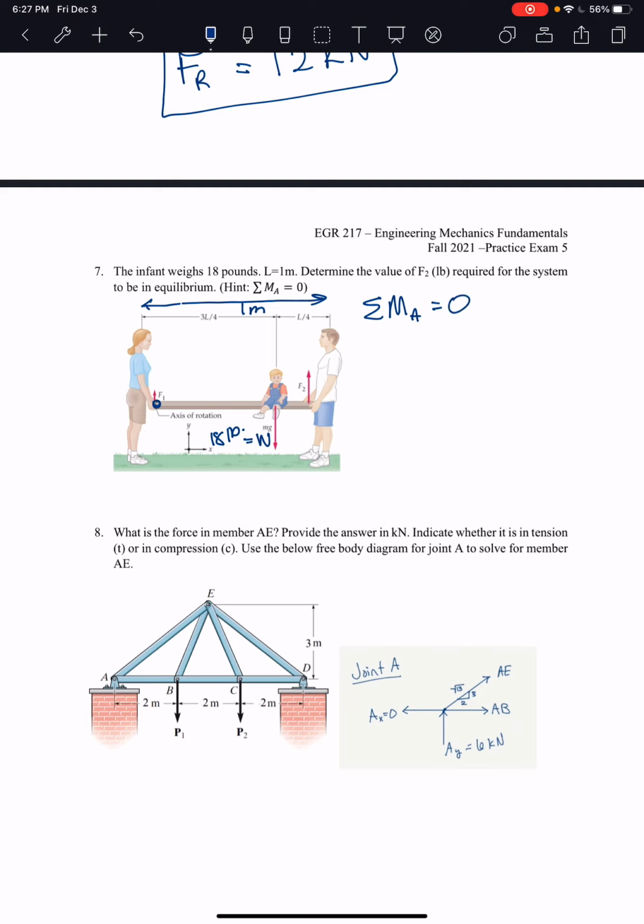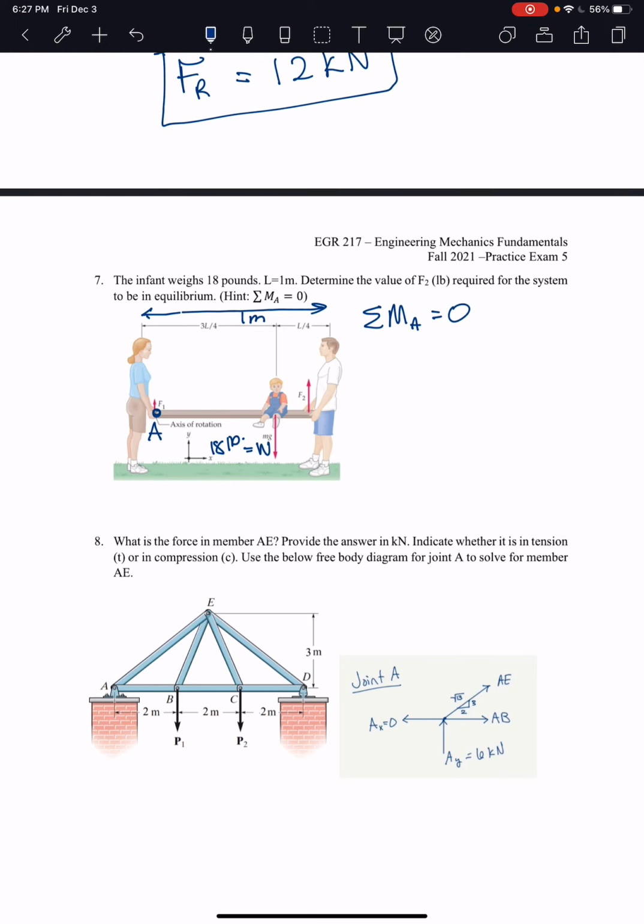So this is, oh, I guess I didn't have that labeled. This should have been A. And we could have done it from B. It doesn't really matter. So if we sum the moments about A, we have this force and the perpendicular distance. So that would be W, which is 18 pounds, times 3 times L, which is 1 meter, over 4.